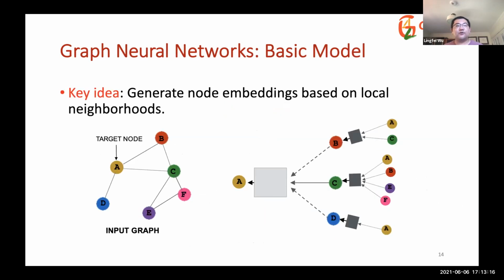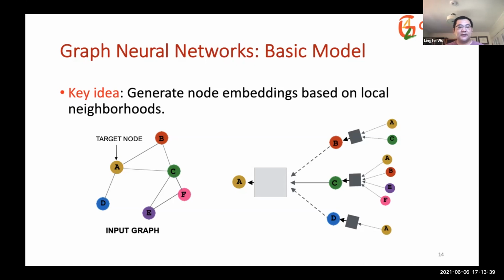Before I introduce the popular graph neural nets, I would love to introduce a very basic model to illustrate how graph neural nets work. The key idea here is to generate a node embedding based on the local neighborhood. As shown in this figure, let's assume that A is our target node.